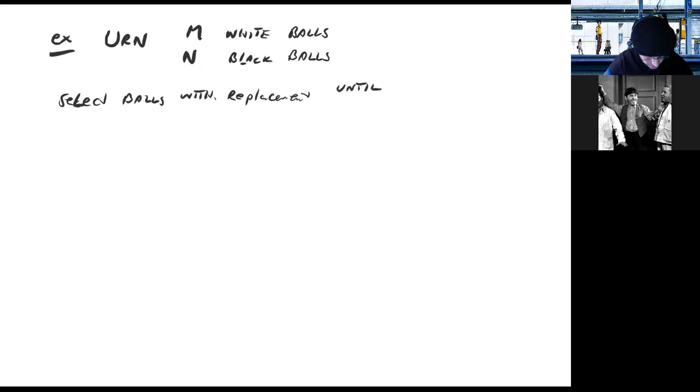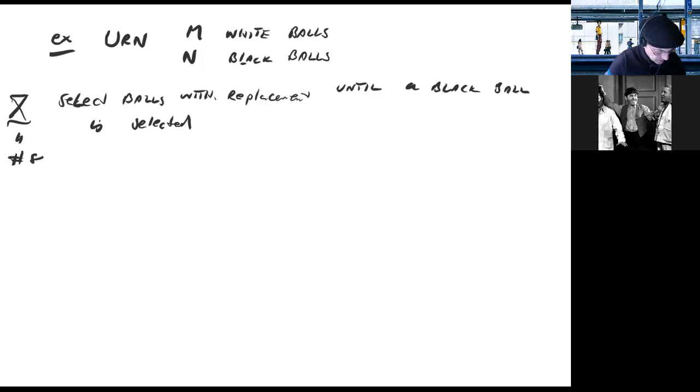That's success. So that's the experiment. The experiment is to select a ball. And we want to figure out what the PMF is in this case. So X is the number of draws, the number of selections we have to make.